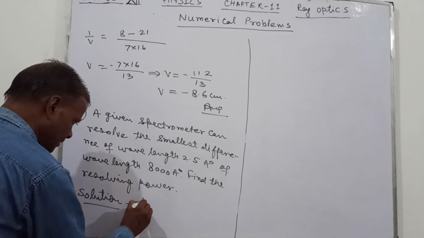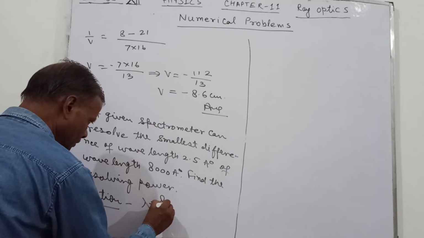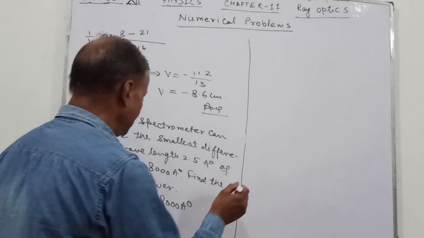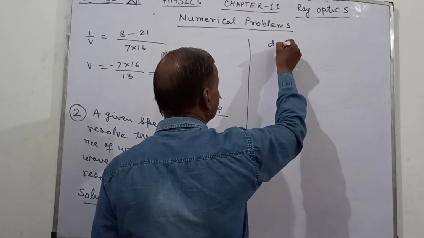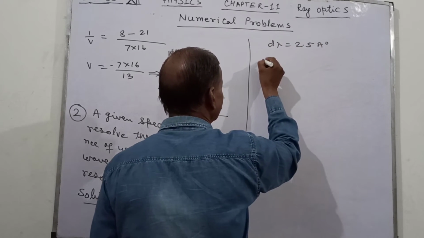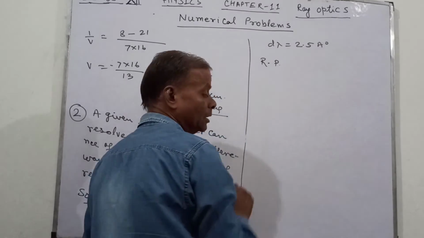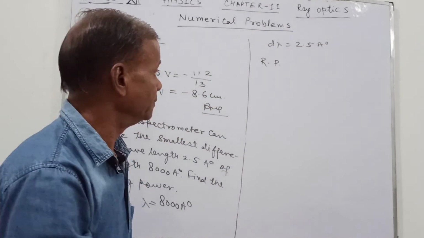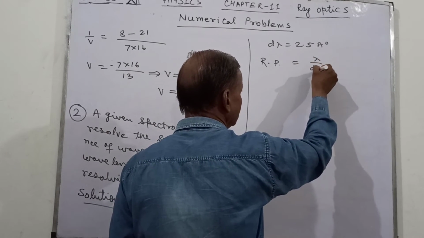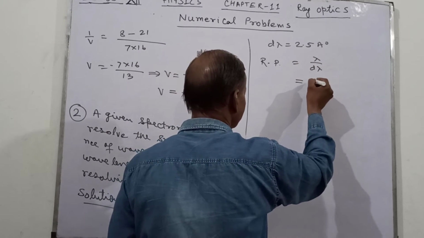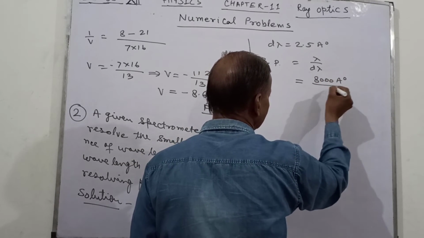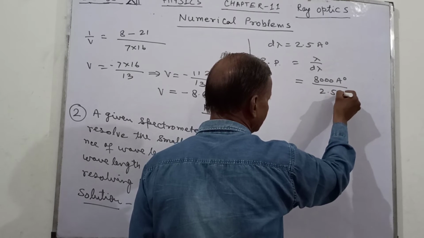Now solution. It is given that lambda is equal to 800 angstrom and this d lambda is equal to 2.5 angstrom. So resolving power RP is equal to lambda upon d lambda. Lambda is equal to 800 angstrom, d lambda is 2.5 angstrom.